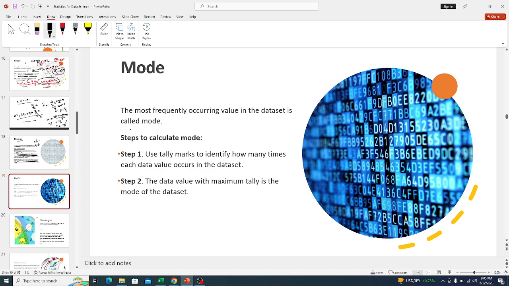Let's go to mode. Under mode, we say that mode is the most frequently occurring value. And how do we calculate mode? The steps to calculate mode: use tally marks to identify how many times each data value occurs. In fact, we don't have to calculate mode for simple data.